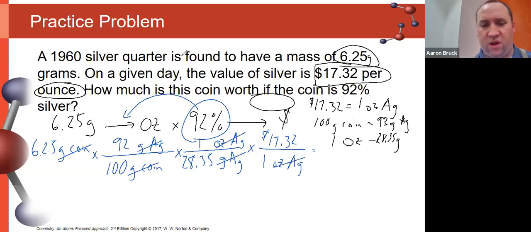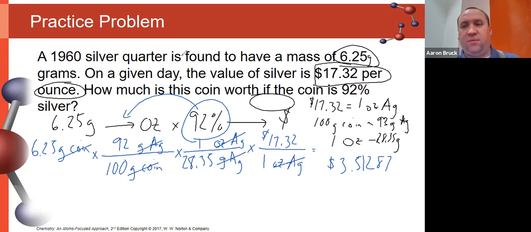I'm left just with dollars. 6.25 multiplied by 92, multiplied by 1, multiplied by 17.32, divided by 100, divided by 28.35, divided by 1. My calculator spits out 3.51287 and some other numbers that I know aren't important.